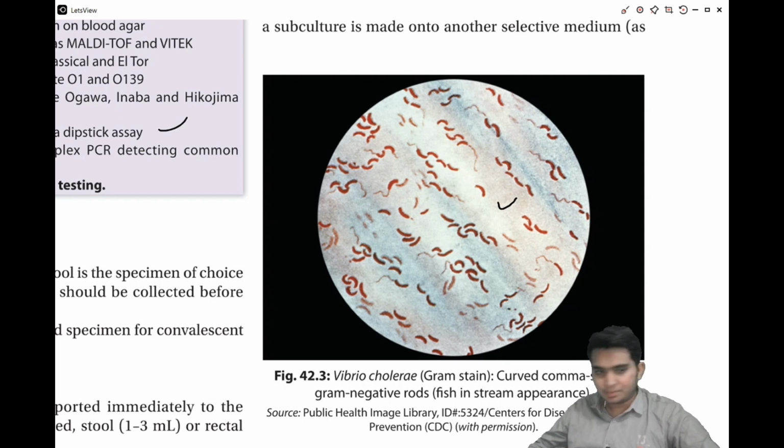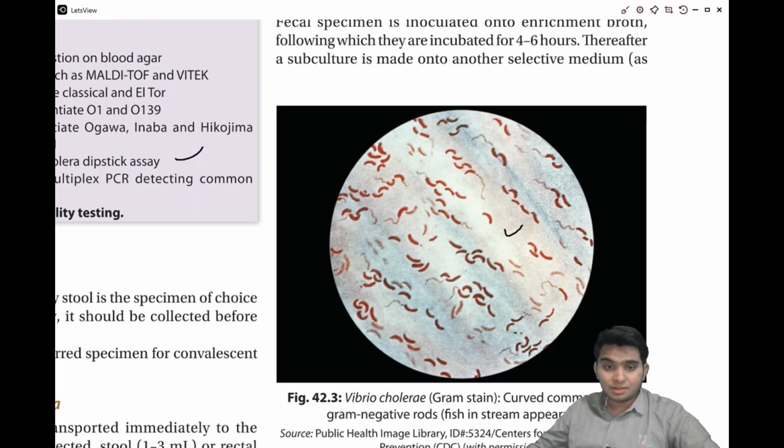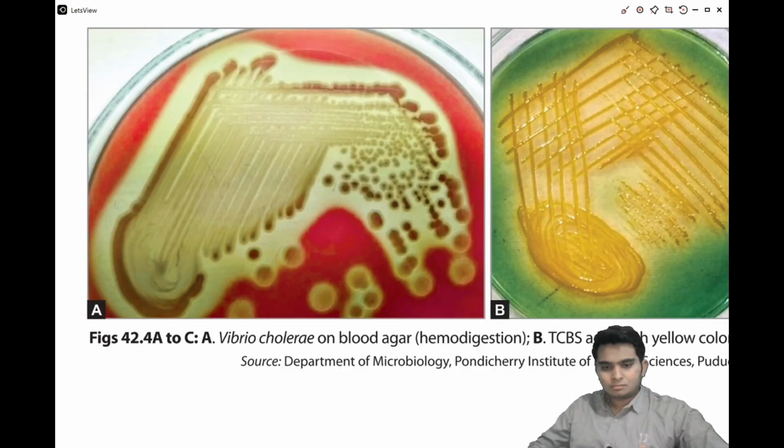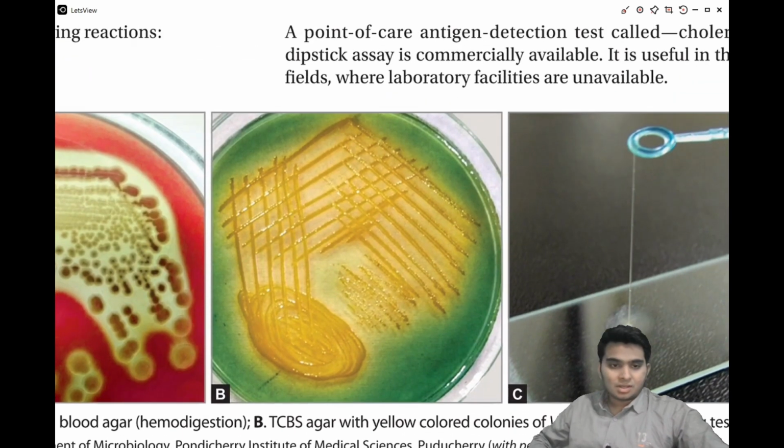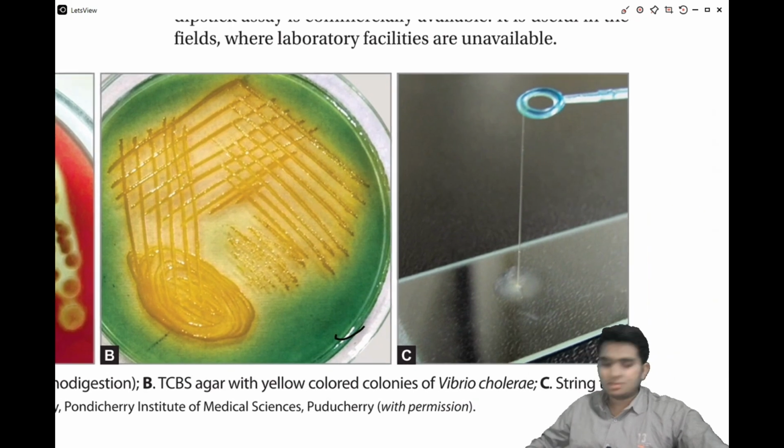It is curved comma shaped gram negative rods, as you see in these images. Vibrio cholerae on blood agar shows hemodigestion. Then in the TCBS agar, yellow colored colonies, and string test is also positive for Vibrio cholerae.